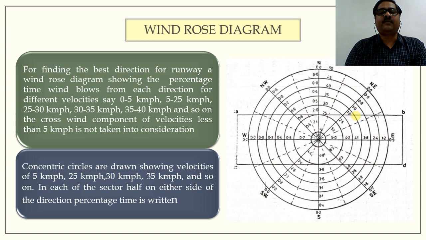The crosswind component of less than 5 kilometers per hour is not taken into consideration. So above 5 it may go up to a maximum of 30 to 40, depending upon the largest value that you are going to get.